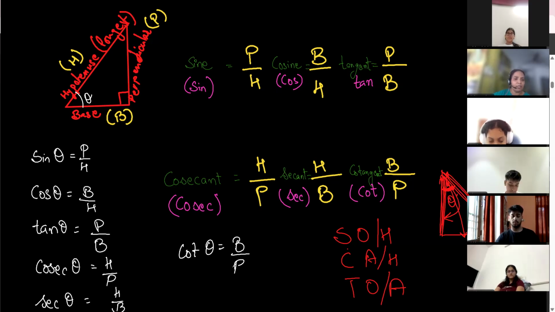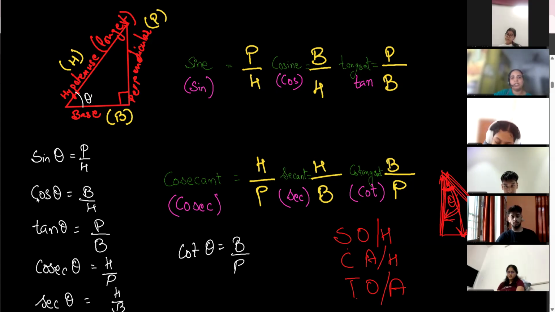Understanding or not, everyone? Is this clear or not? Netik, are you frozen or in shock? And TOA is tan is opposite by adjacent. So you first take opposite and then you take adjacent. So SOH CAH TOA. Right, everyone? Clear? Okay.